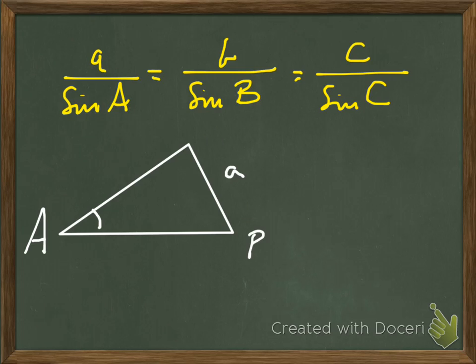And then B is this angle, and the opposite side, that length, would be little b. So it follows that C is this angle, and little c is the length of that side. That's the standard notation for any triangle, especially when you're doing sine or cosine rule, which I'll be doing later.